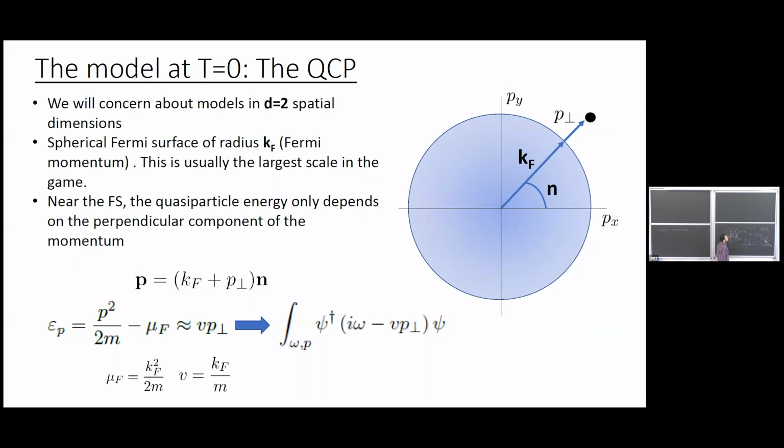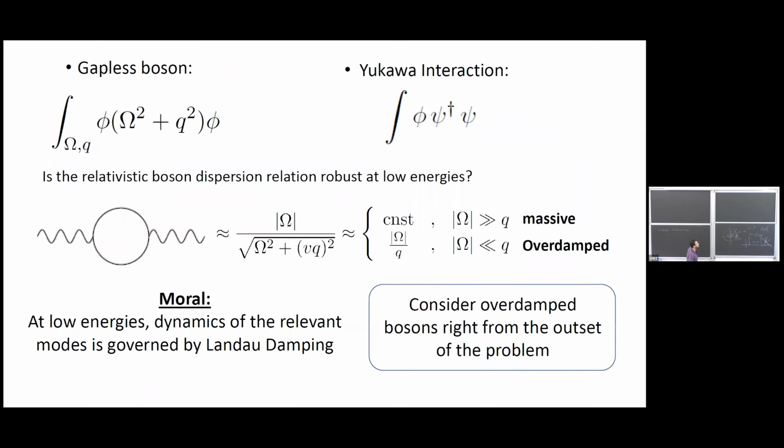And near the Fermi surface, we expand the momentum of the excitations, and so we end up with the usual Fermi liquid kinetic term for fermions. The second ingredient is, of course, a soft boson. So we will couple the boson by a Yukawa term to the fermionic degrees of freedom.